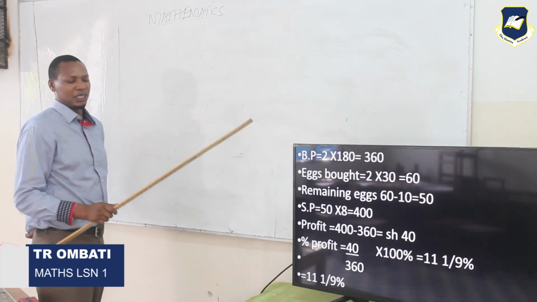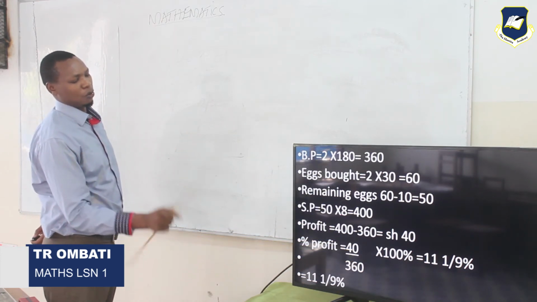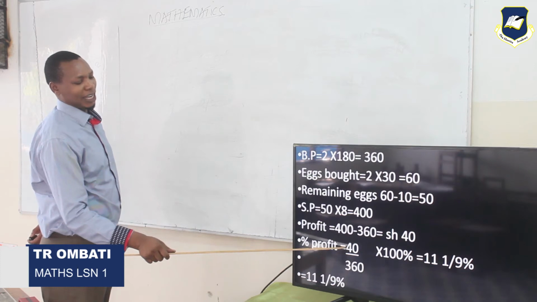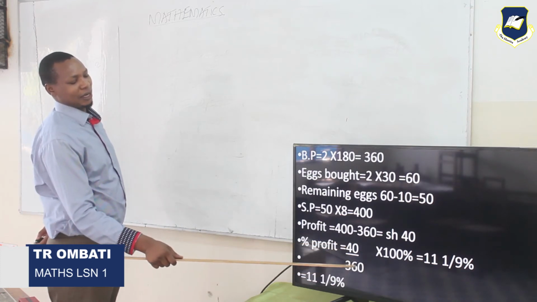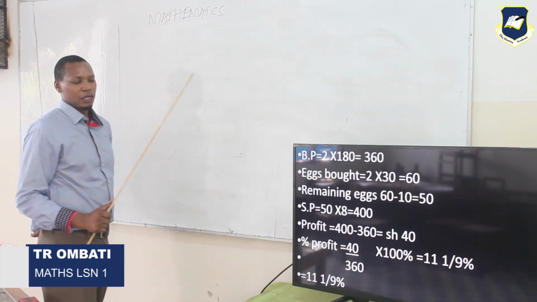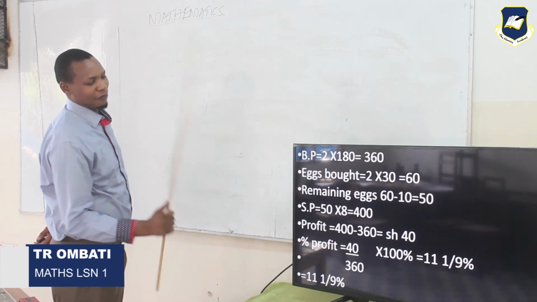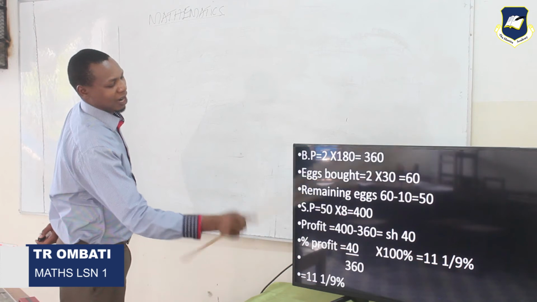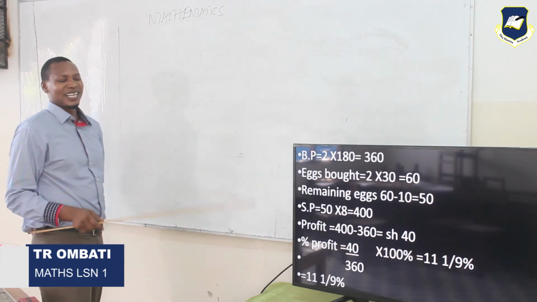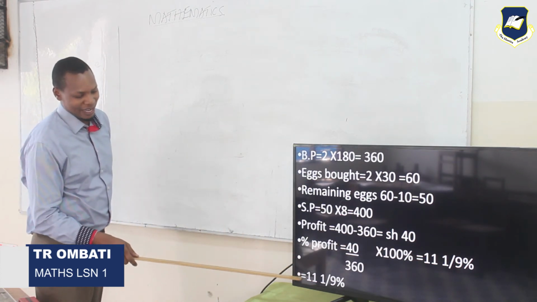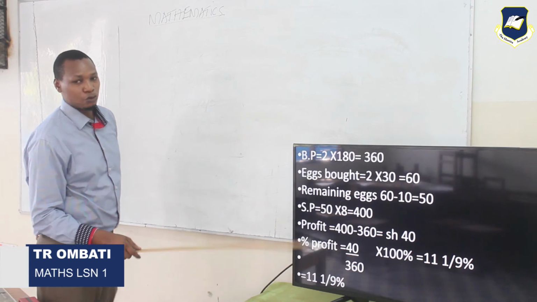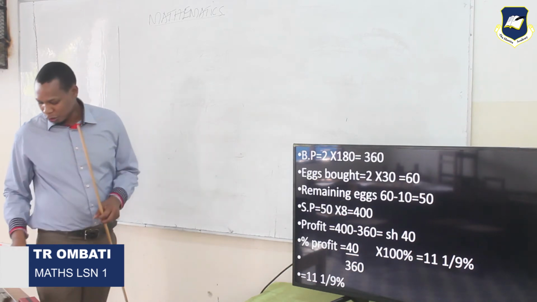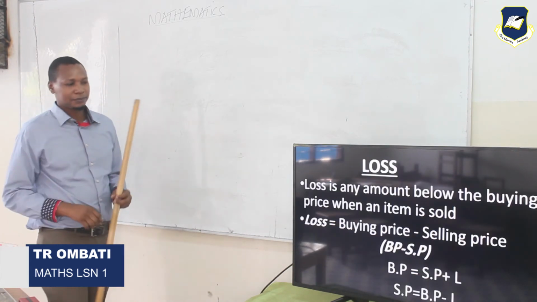When you work out this one, this 0 and this 0 will cancel. 4 will cancel here, leaving 1, and here we have 9 times. So we have now 100 over 9. It goes 11 and 1 over 9. So our percentage profit is 11 and 1 over 9%. So we go to the next question.